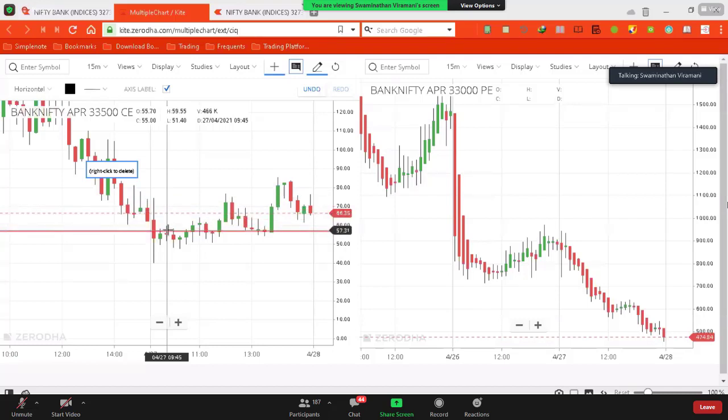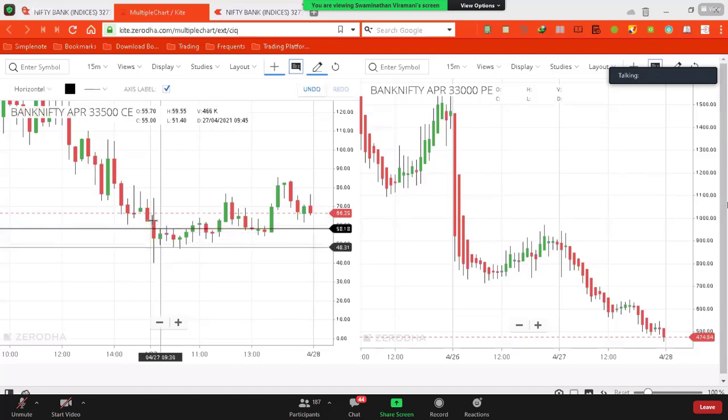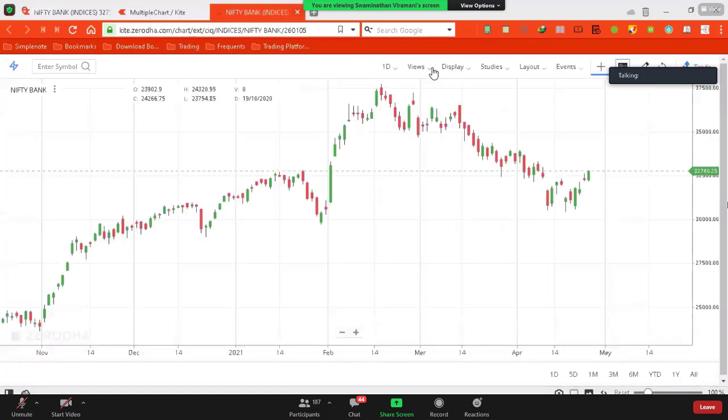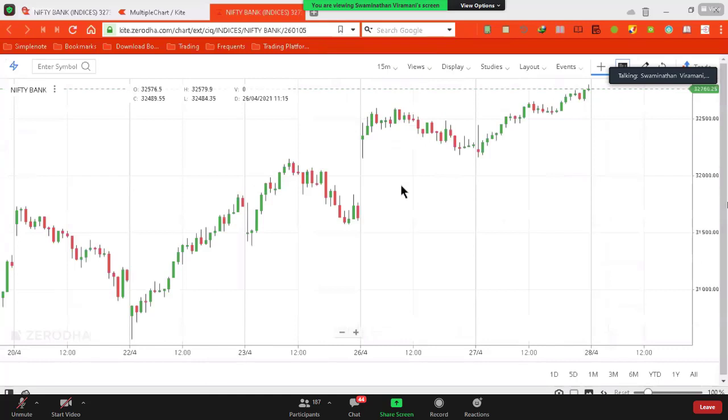The moment my high is broken, I get triggered into a trade. First trade, it hit my stop loss here. I wait for my next opportunity. But I still keep placing my orders based on my Bank Nifty spot trend. I also have this on 15 one minutes.